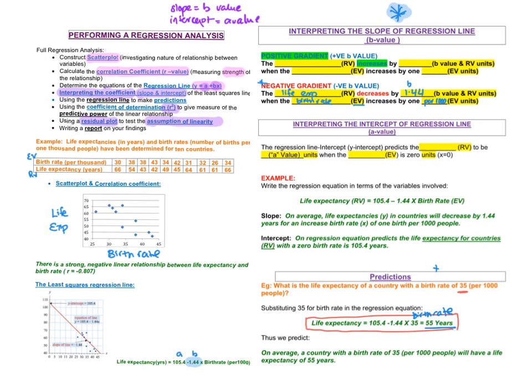Instead of having times birth rate, we put in what the birth rate is, which was 35, and we see that the life expectancy for a country like that would be 55 years. So on average, a country with a birth rate of 35 will have a life expectancy of 55 years. This is called predicting, when you use the equation to work out what might happen.